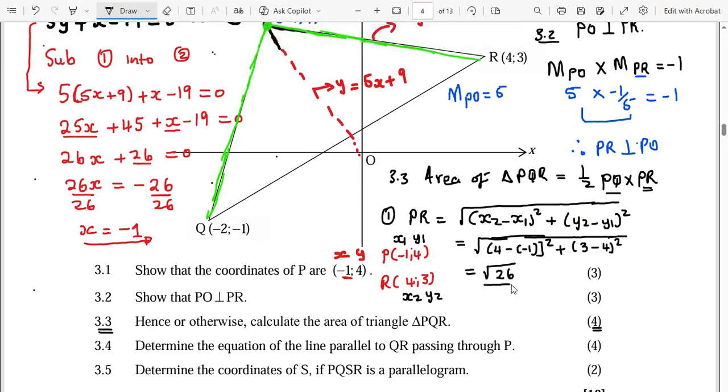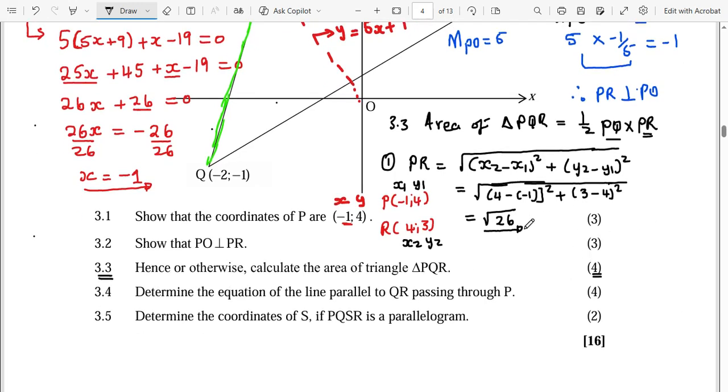I think it's best if we leave it like that, right? So we still have a mission, which is to find the other distance. We already have PR, so let's look for PQ. PQ will be the root of x2 minus x1, everything squared, then y2 minus y1, everything squared.